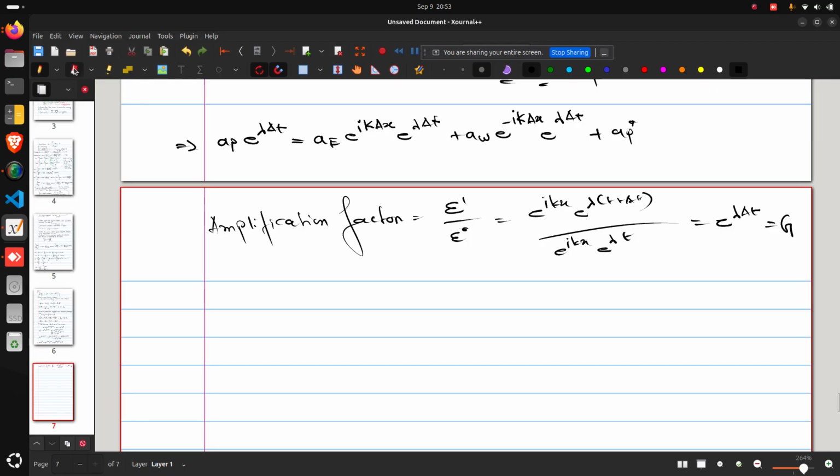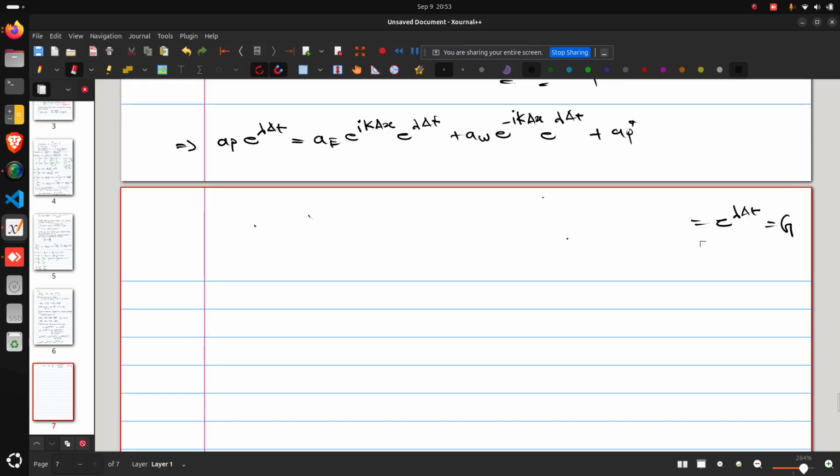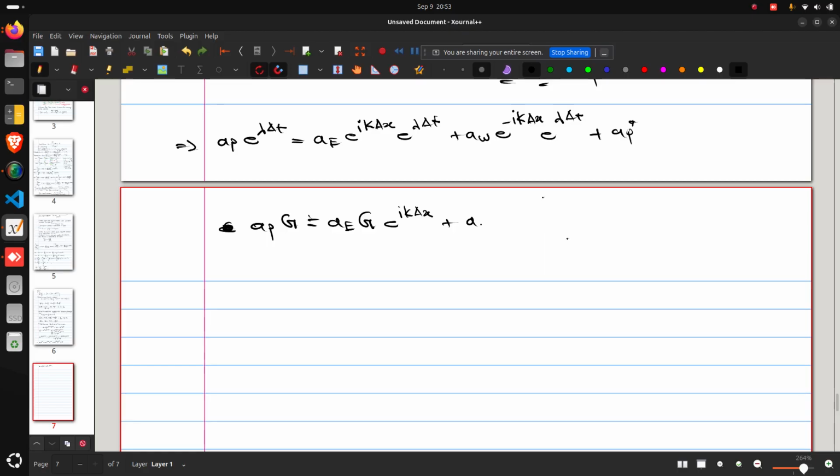So what do we have here? We are left with AP g equals AE g e to the power i k delta x plus AW g e to the power minus i k delta x plus AP star.